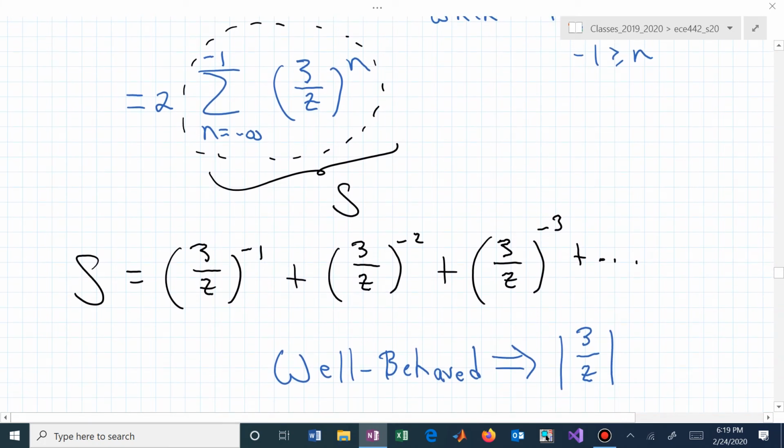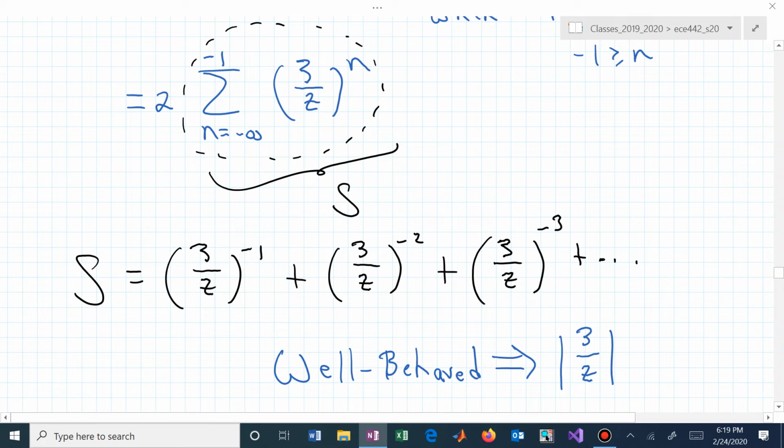When is this series expansion well behaved? What do we need 3 over z to behave like? We're effectively dividing 1 by 3 over z, or 3 over z squared, or 3 over z cubed.